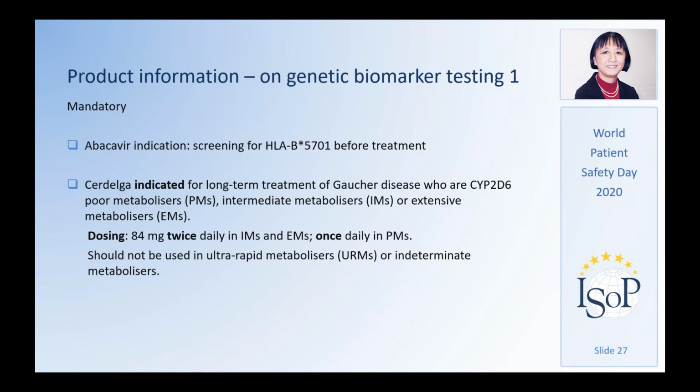You give 84 milligram twice daily in intermediate metabolizers and extensive metabolizers, and you give it only once daily in poor metabolizers. And the drug should not be used in ultra-rapid metabolizers or in subjects who are indeterminate metabolizers, because the right dose has not been determined.